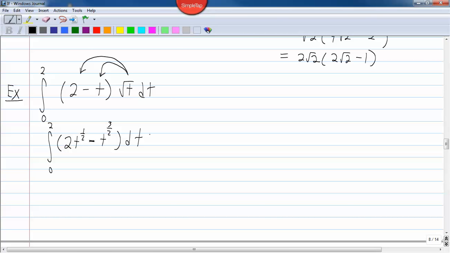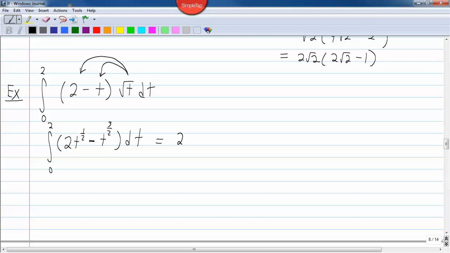Okay, so I haven't done any calculus yet. All I've done is distributive property. So now I can integrate each term separately. So add 1 to the power and divide by the new power. So when you add 1 to 1/2, you get 3/2.